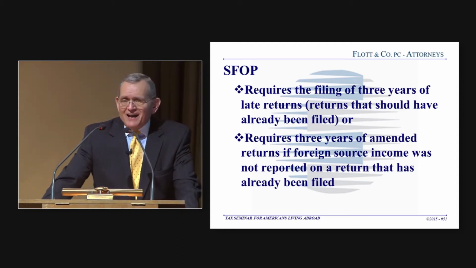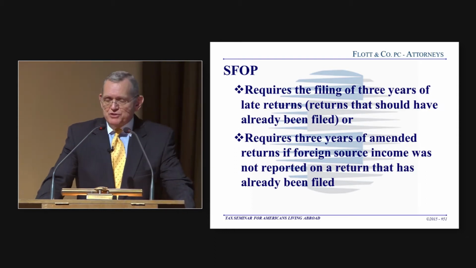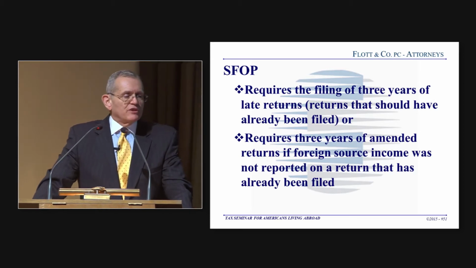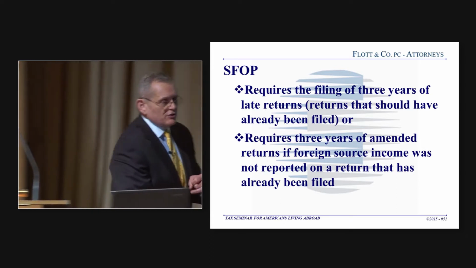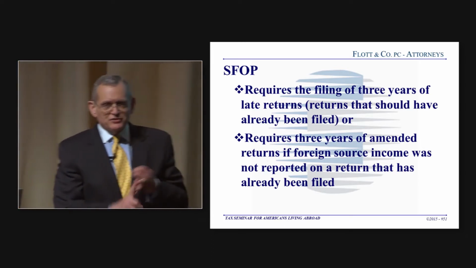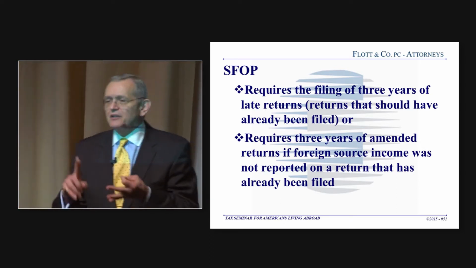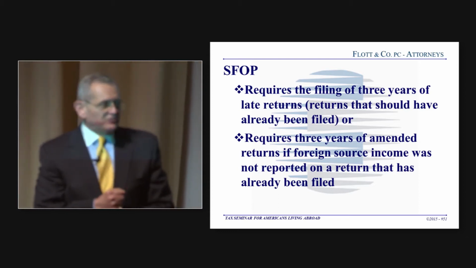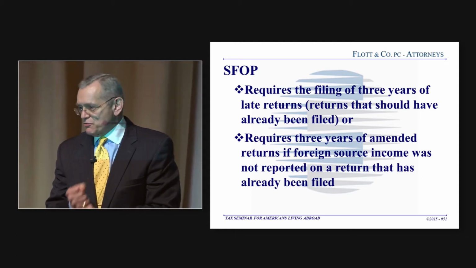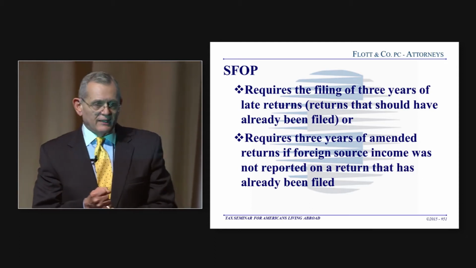It requires the filing of 3 years of late returns, that is, returns that should have been filed already. And if you're doing the math, 2011 should have been filed in 2012, 2012 in 2013, 2013 in 2014, and we're now in 2015, and you've yet to file. You've got 3 years of late returns to file.